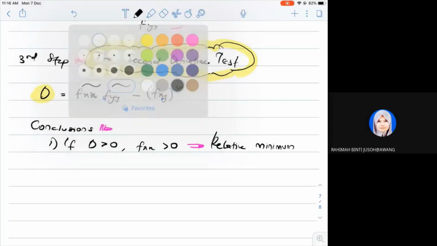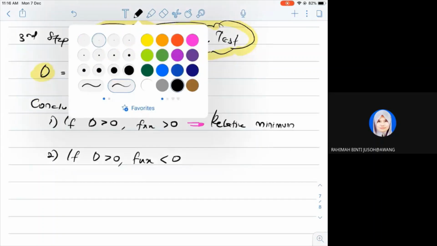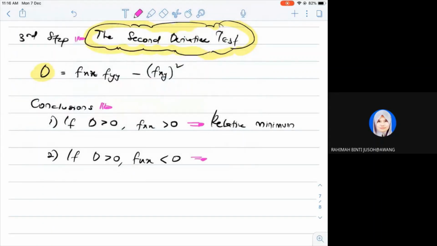Okay, number 2. Again, you got D positive. So you have to look back at your fxx. When you look at your fxx, and you get a negative number, less than 0, the conclusion for this case is relative maximum. Alright, and then number 3.